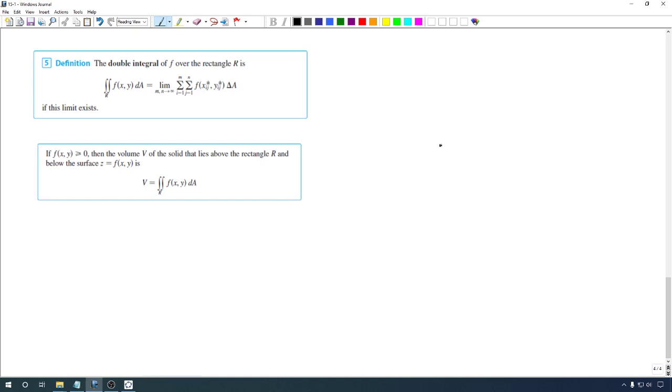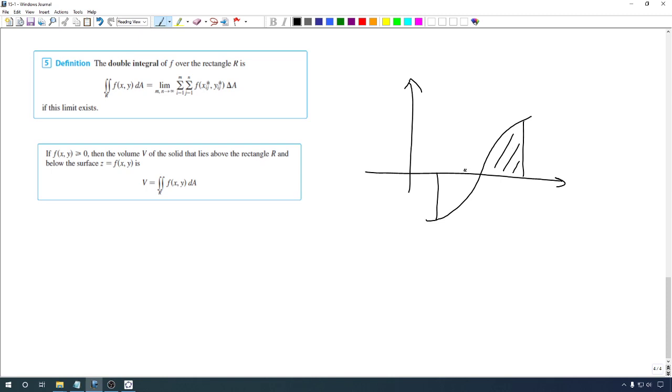If the function is not always positive, we're not really representing a volume per se, but we're going to basically do what we did in Calc 1, where if we had a function that didn't stay positive, we take the part that's above the x-axis and subtract the stuff that's below the x-axis, and that's going to be the value of the integral over this whole region.